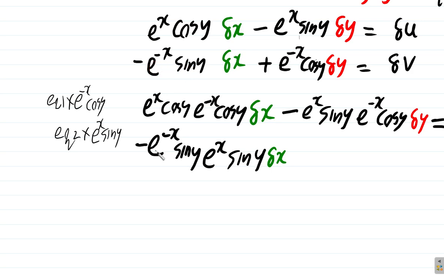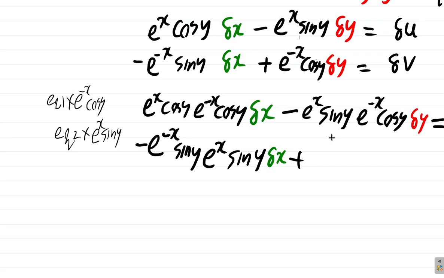It's e to the negative x sin y times e to the x sin y times delta x, plus what we have now is this times this.